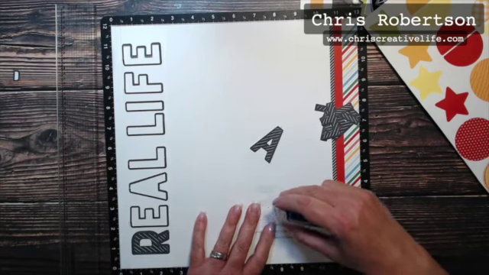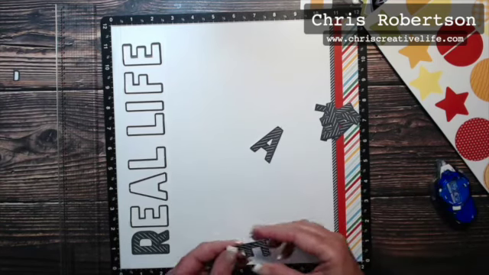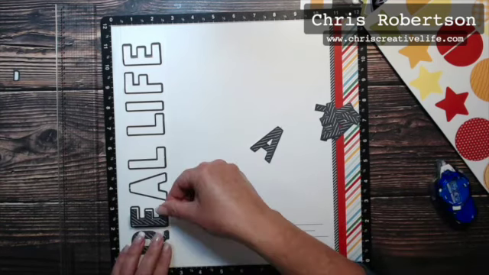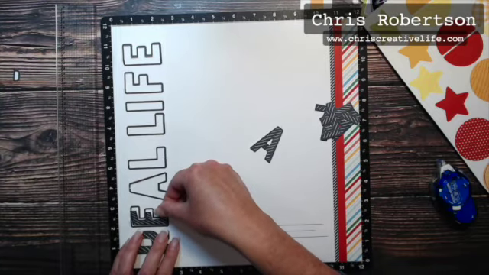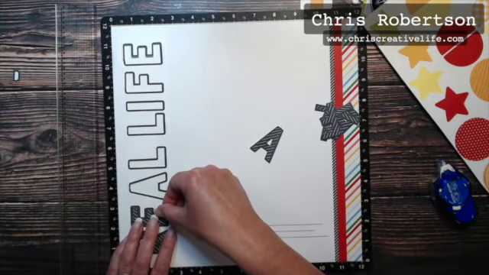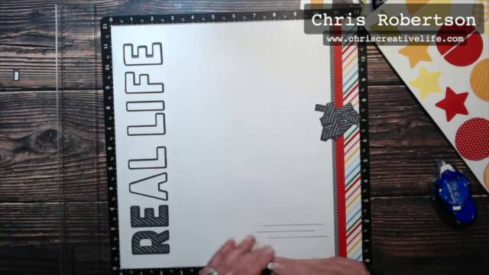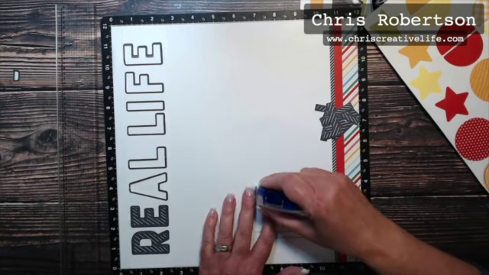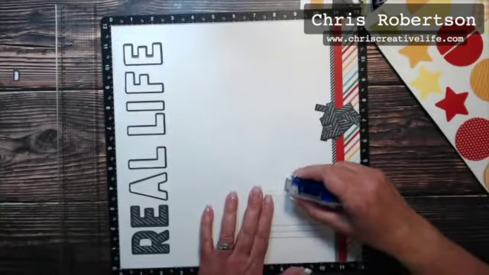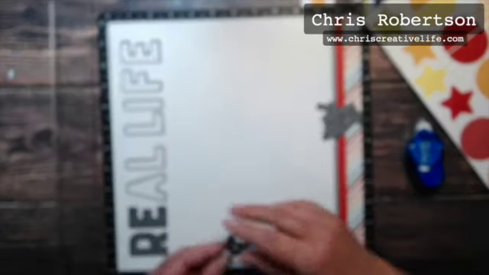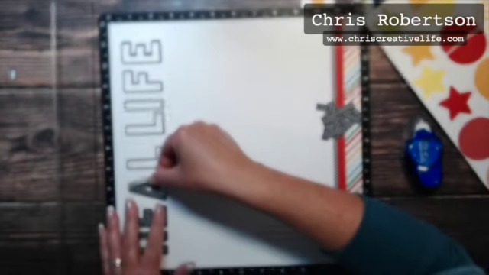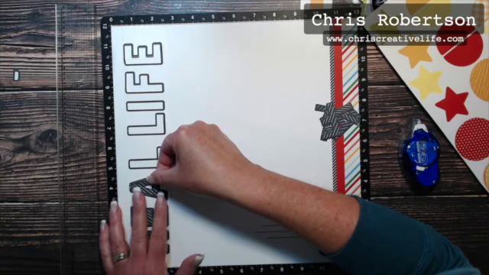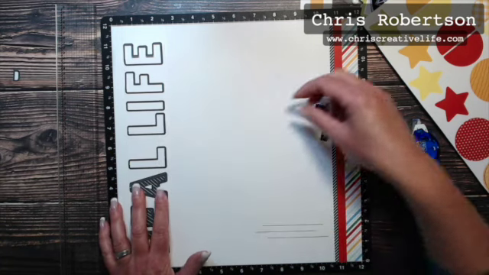So I've said this before, but if you've not heard it, I did take this kit and turn it into 2-page layouts because I have lots of customers that don't want to put a calendar together. So there is a workshop on my blog, which is chrisscreativelife.com.